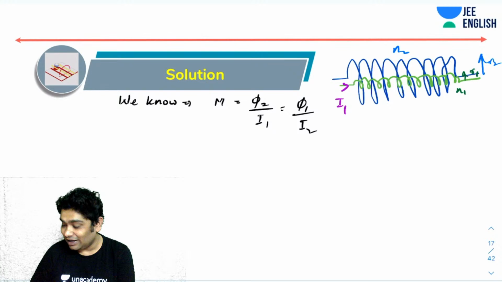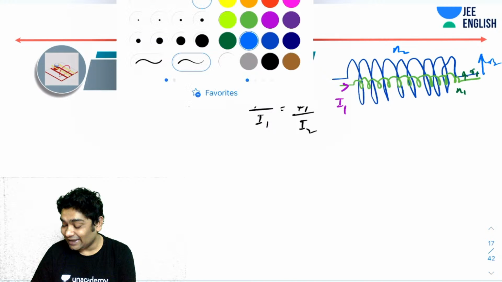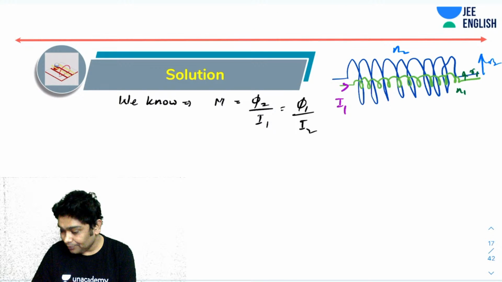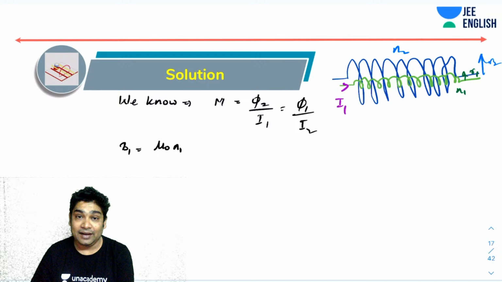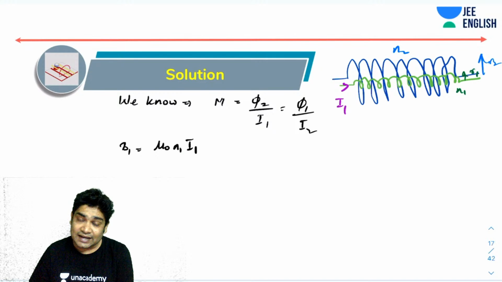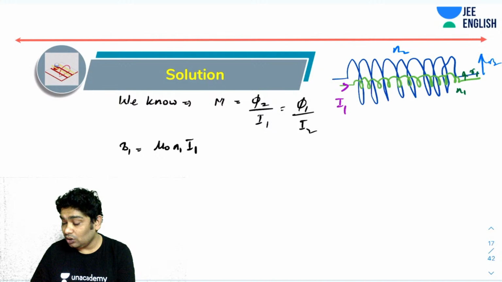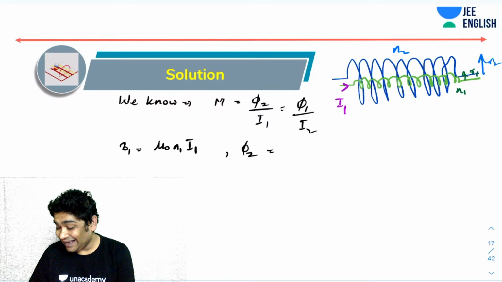How are you? So can I say that B due to 1 would be mu naught n1 times I1. Okay, so this is the field that is being produced. So what will be phi 2? I will realize that phi 2 would be N2, so n2 into L, N2 being the total number of turns, times B1 times the area in which this field is.